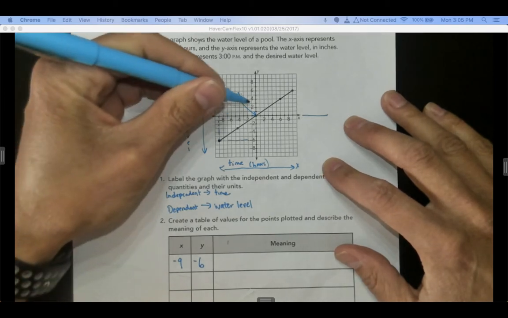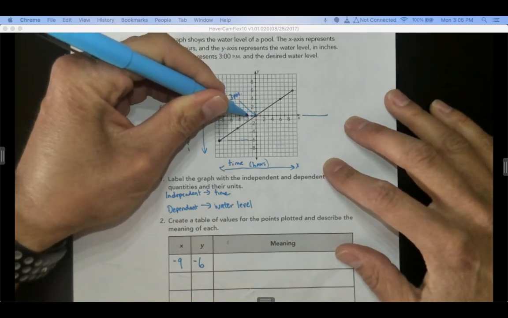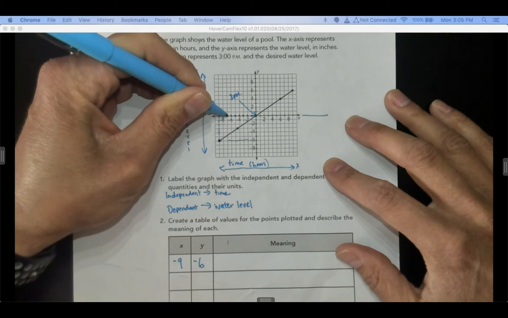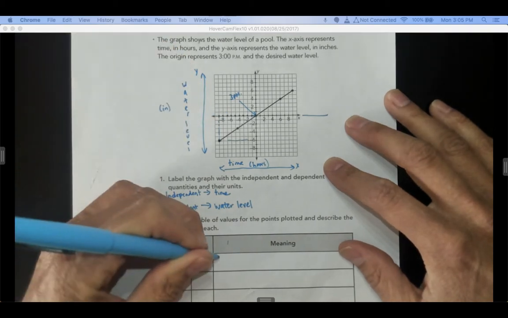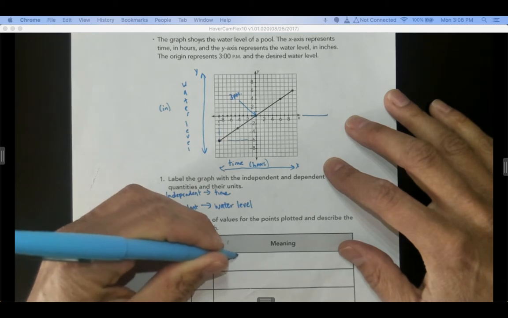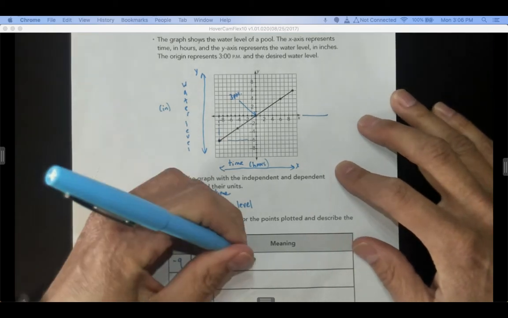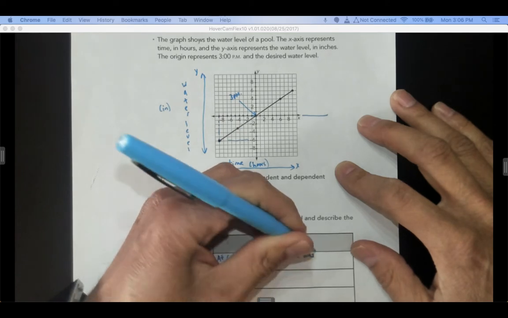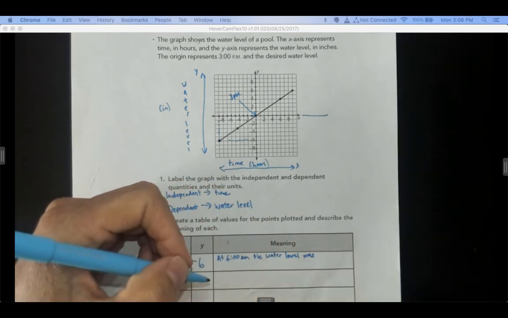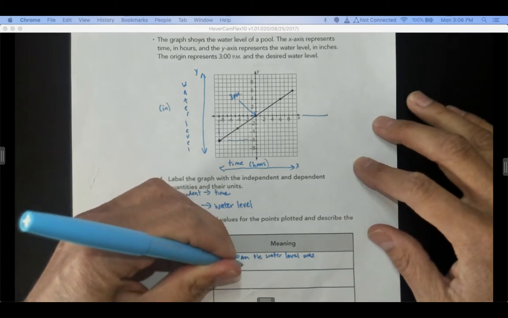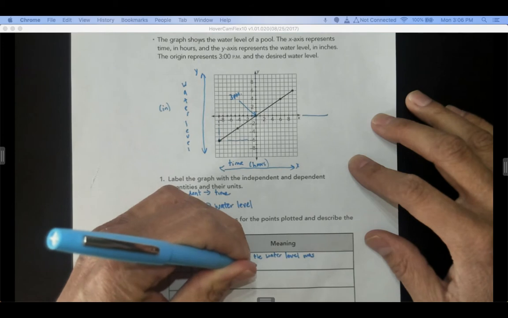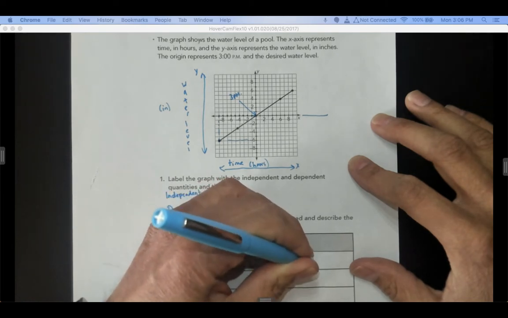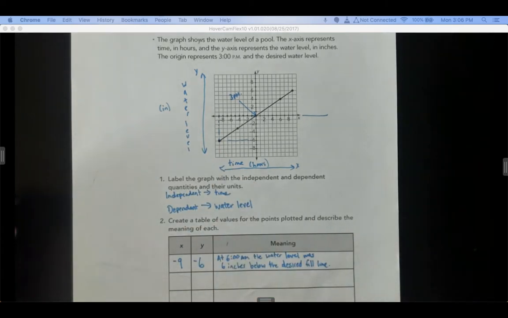And so if this is 3 p.m., 2 p.m., 1 p.m., noon, 11, 10, 9, 8, 7, 6, it would be 6 a.m. So at 6 a.m., the water level was 6 inches below the desired fill line.